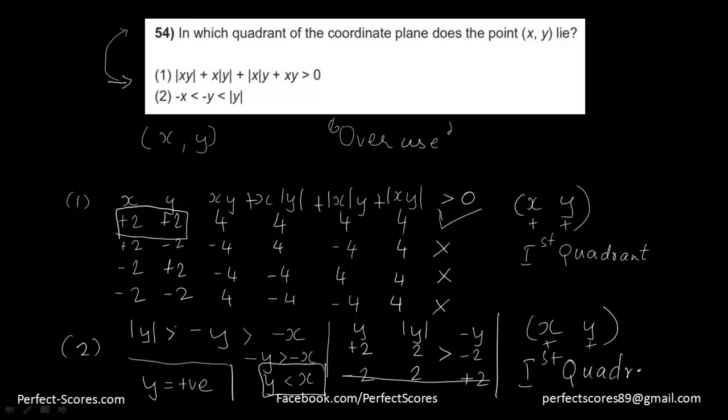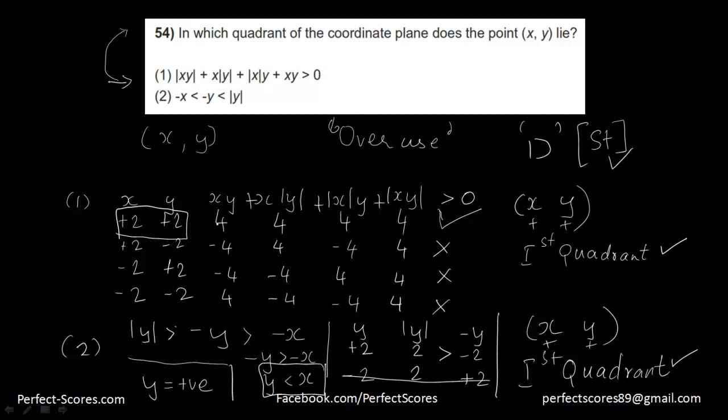Similarly, again, x is also positive and y is also positive, and it is lying again in the first quadrant, right? So suppose everyone has understood this question. So again, the answer option over here is D. When the answer option is D, make sure you check that both the statements are giving you the same value or not. It's giving you the same value. The values are lying in the first quadrant, which actually double checks my answer, right? What did I do over here in the first statement?